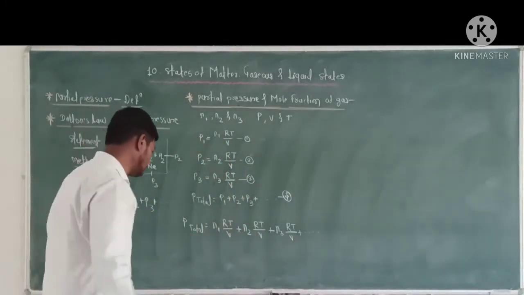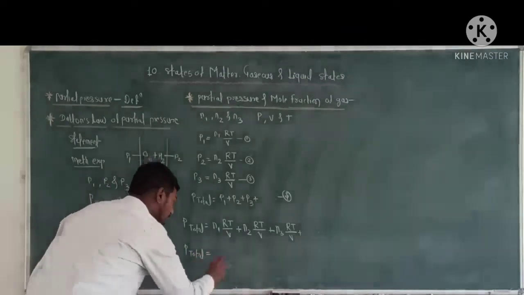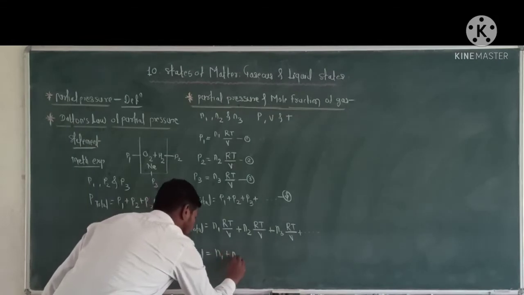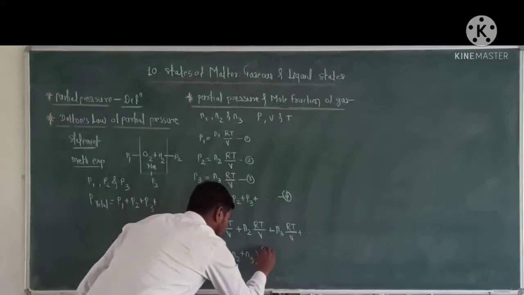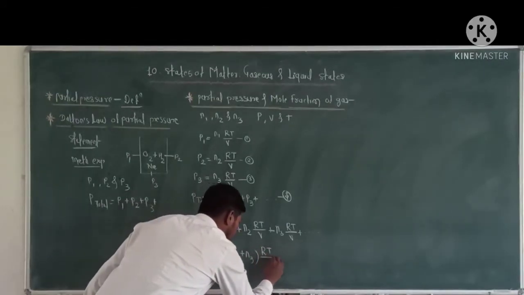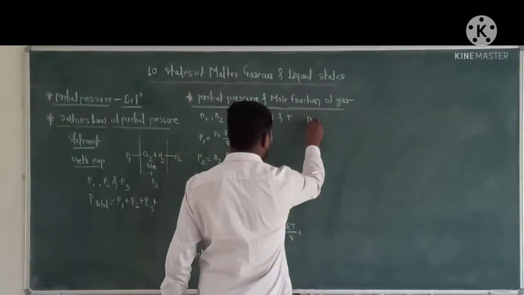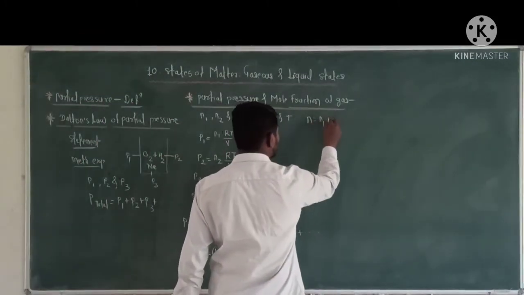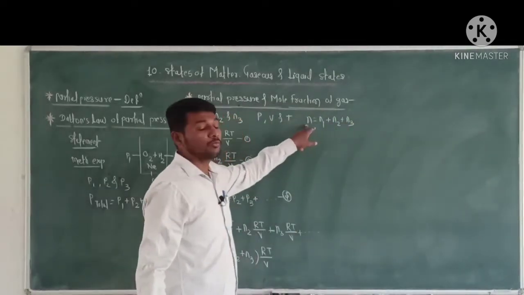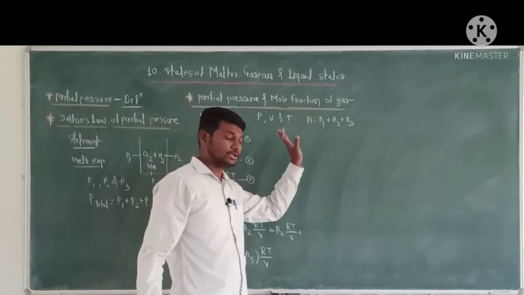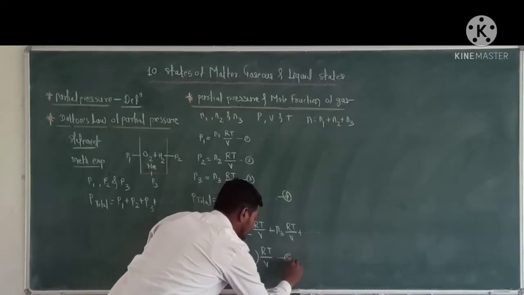Simplify this equation, we get P total is equal to (n1 plus n2 plus n3) into RT upon V. Now n is equal to n1 plus n2 plus n3, that is the total number of moles of all gases. This is equation number 5.